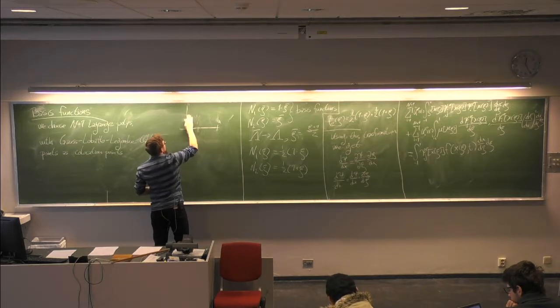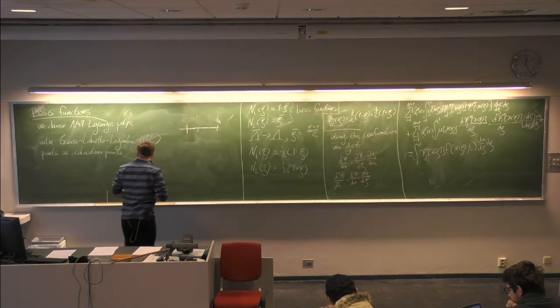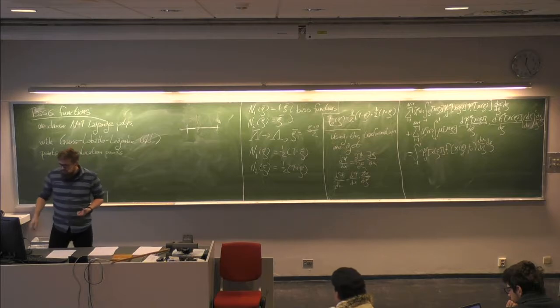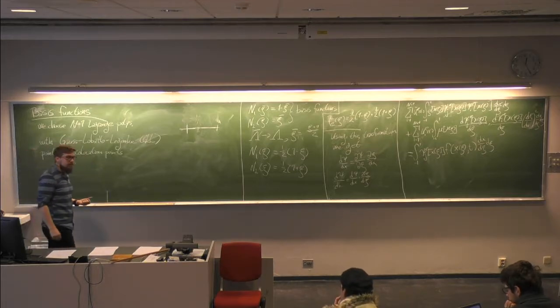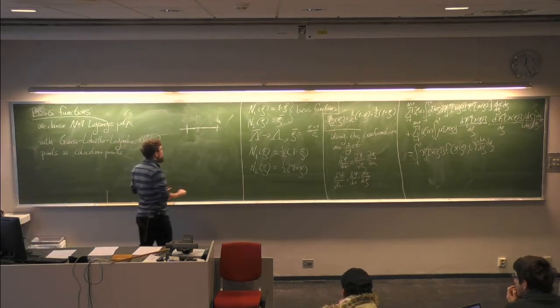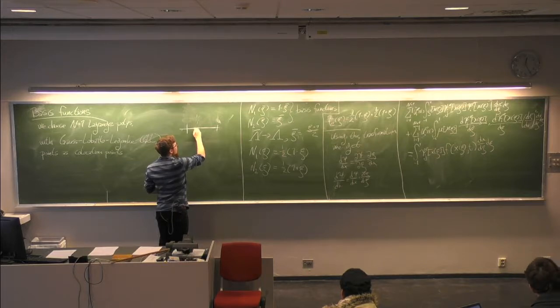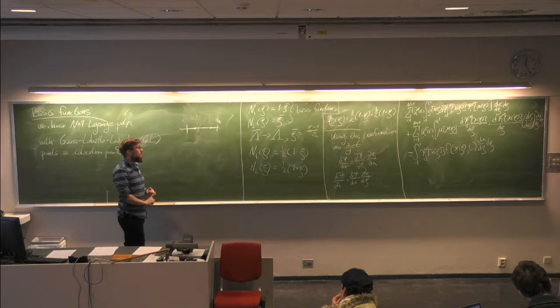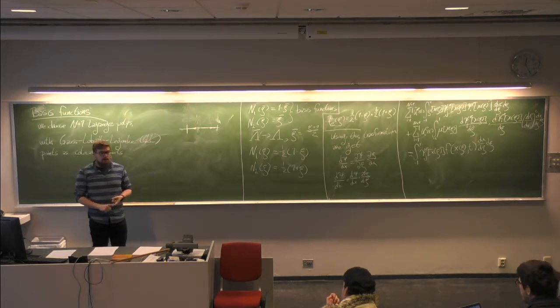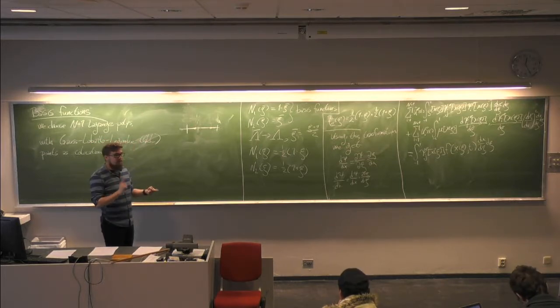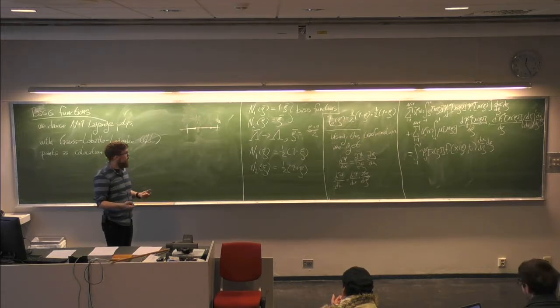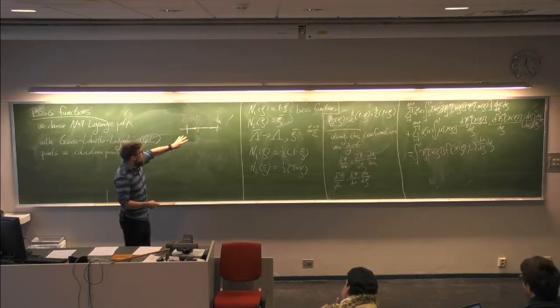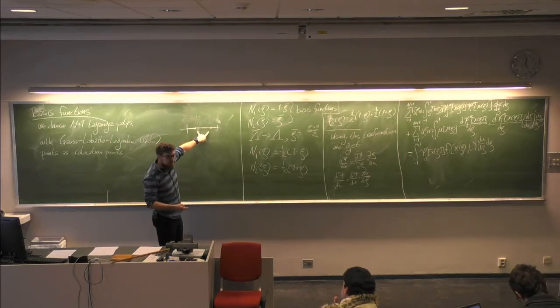The GL or Gauss-Legendre points were always inside here in order to get a better quadrature while you're doing Gaussian quadrature. They were always inside the interval, okay?